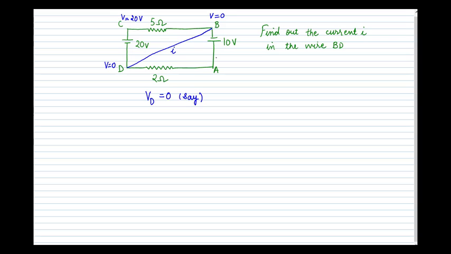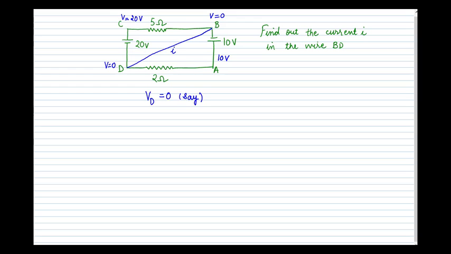So here it will be 10 volts. Taking the direction of flow of the current, here we have 5 ohm, and here it is 10 volt and 2 ohm.